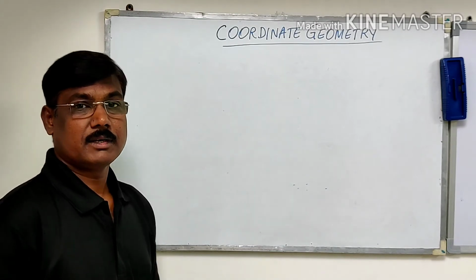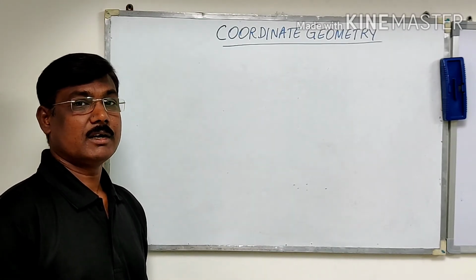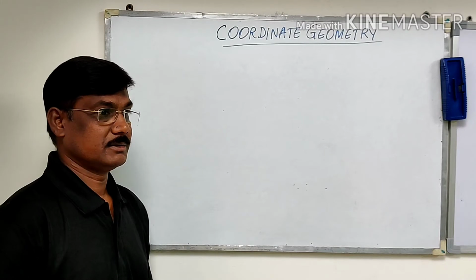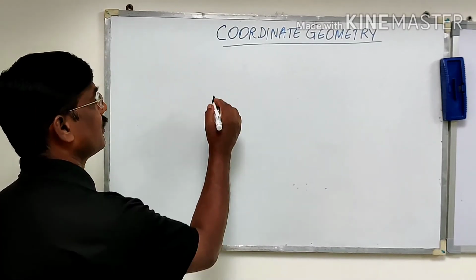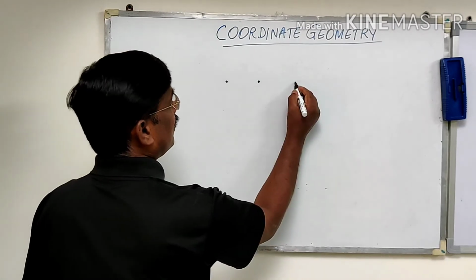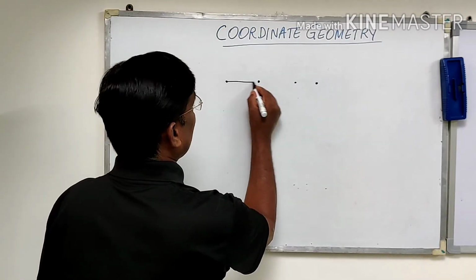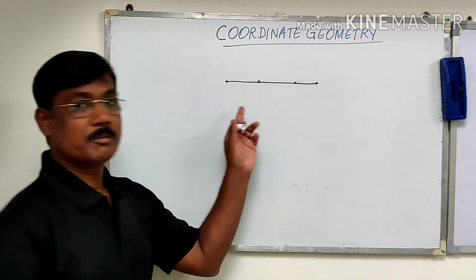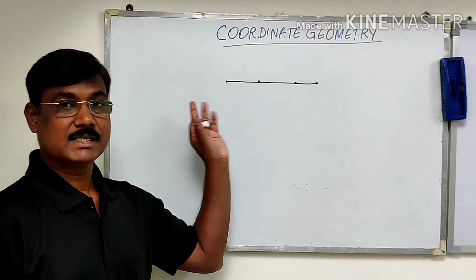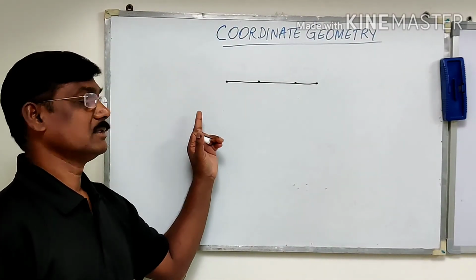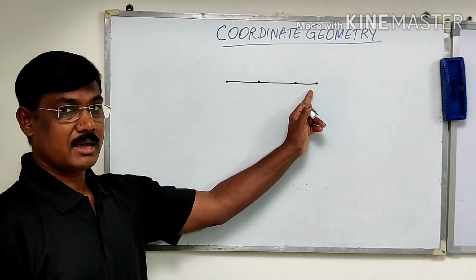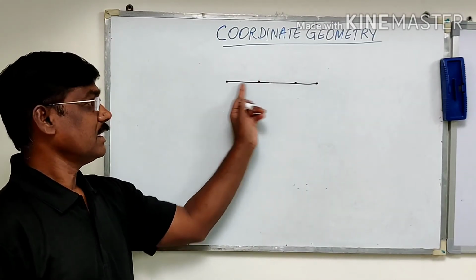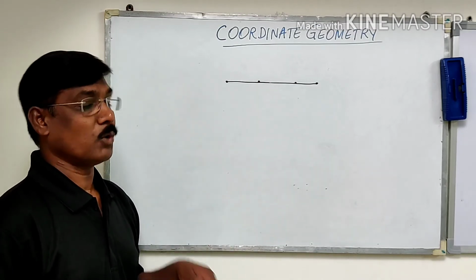Another concept in coordinate geometry is collinearity of 3 points. What is meant by collinear? Collinear means all the points are on the same straight line. If all the points are on the same straight line, then these points are said to be collinear.